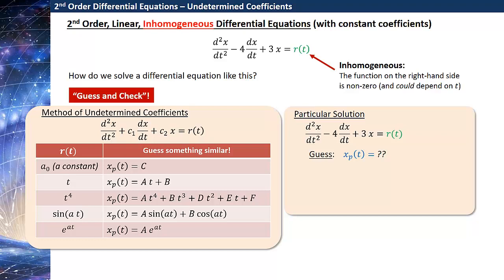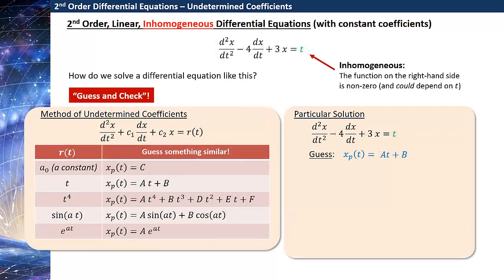Let's look at another example. Let's look at the example where indeed r of t on the right-hand side is just t. So the guess, according to our table, for the particular solution is at plus b. So let's take that as our guess. In order to plug this into the differential equation, we have to take the first and the second derivative of this guess.